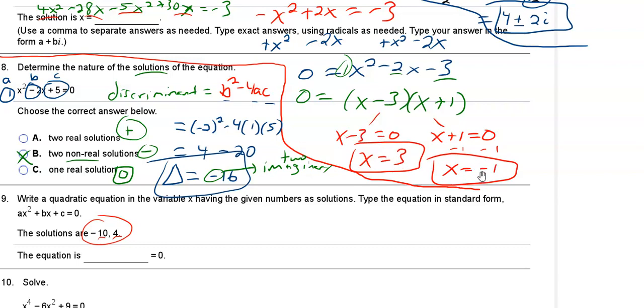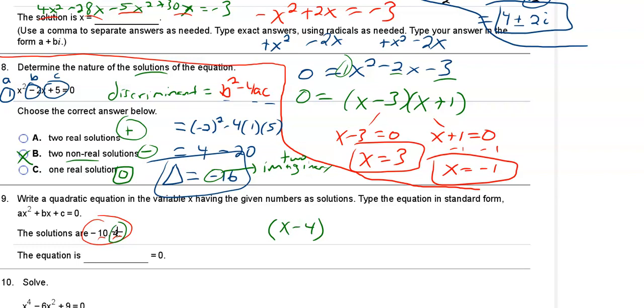If -1 is going to be a solution, we would get that kind of solution from a factor of x plus 1. And so the pattern there is whatever answer you want, x minus that answer has to be your factor. Right? So for example, if I want 4 to be one of my solutions, then the factor that would give me that solution would have to be x minus 4.